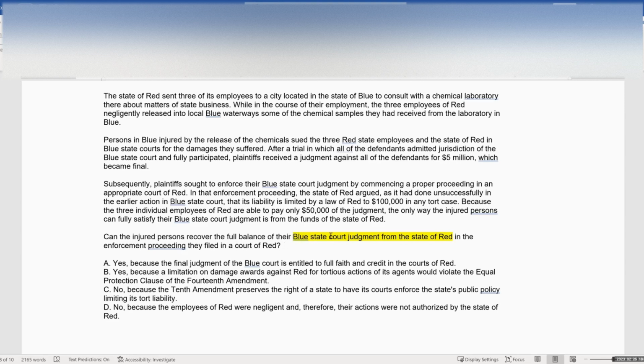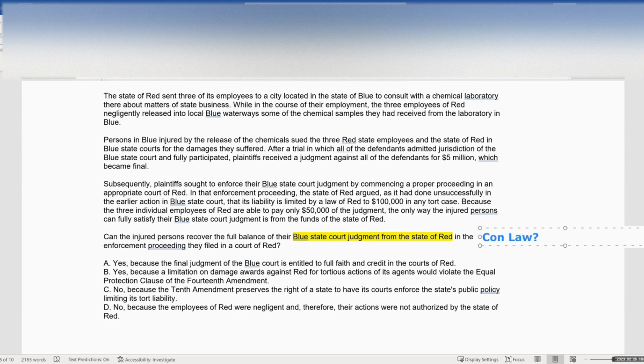When I see blue state, red state, state A, state B, those types of questions, you would be thinking of constitutional law. So that would be my inclination, to think we're in constitutional law subjects. So I would make a note of that. As soon as I read that, my thinking would be con law.